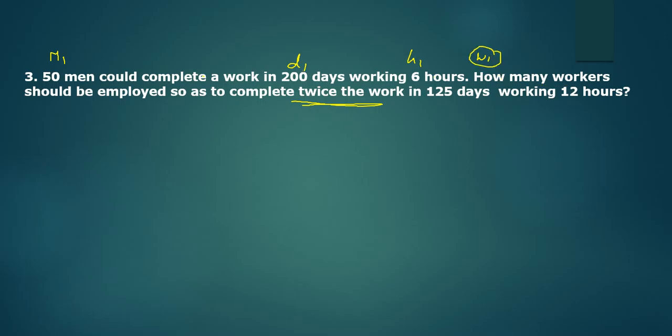If the work you consider is W1, twice the work means W2 is 2 times W1. In 125 days working 12 hours a day, the formula becomes M1 D1 H1 by W1 equivalent to M2 D2 H2 by W2.